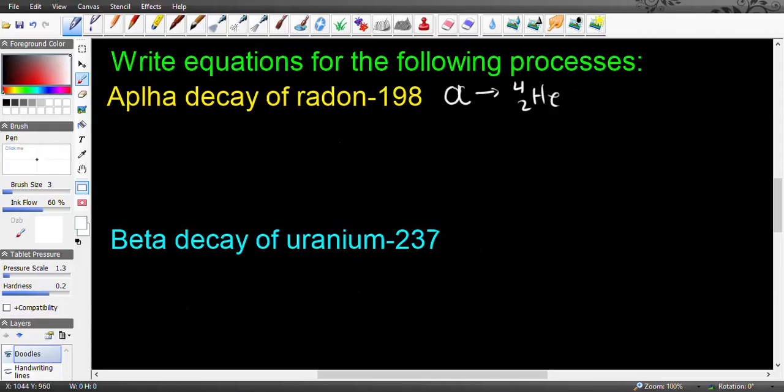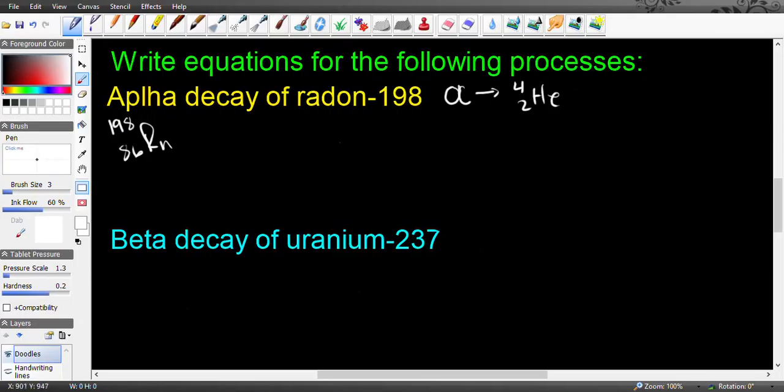For radon, it's Rn, I believe. Rn 198 in this case, because it says radon 198 and the atomic number 86.